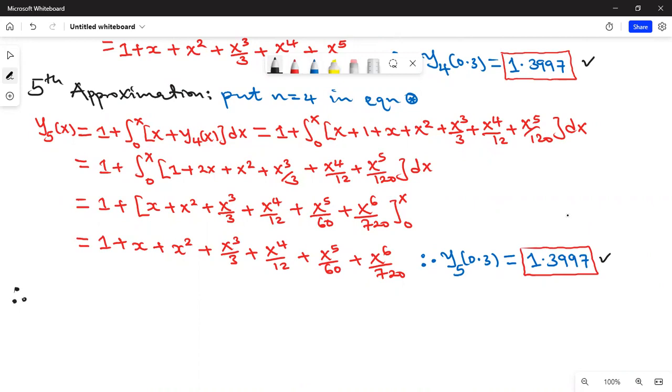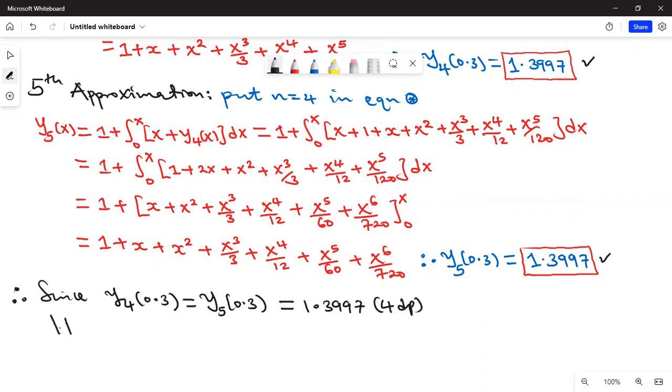You can say since y4 of 0.3 is the same as y5 of 0.3, that is correct to 4 dp. And that result is 1.3997, correct to 4 decimal places.